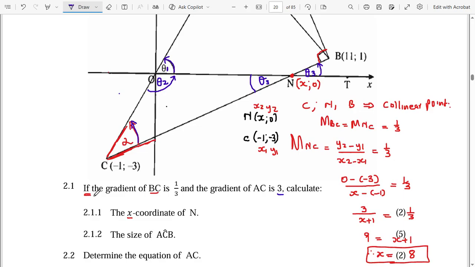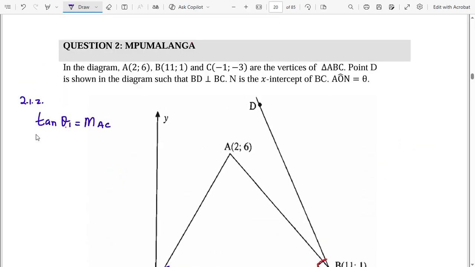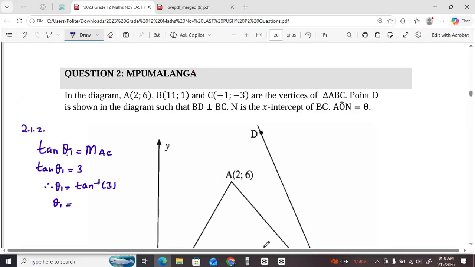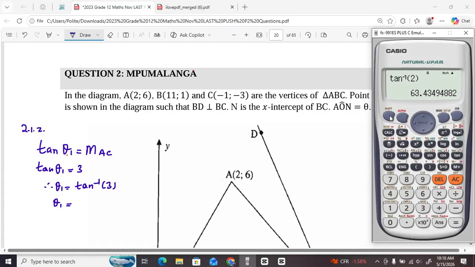So I'm going to sub in that 3 there and say tan theta 1 is equal to 3. Then you're going to say, therefore, theta 1 is equal to the tan inverse of 3 when you isolate theta 1. Then you punch that on the calculator and see what you get. Shift tan inverse of 3.